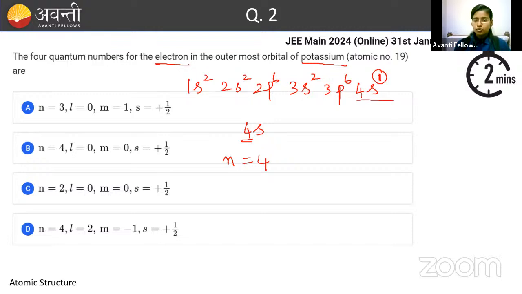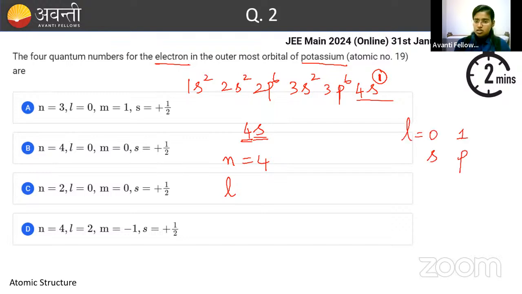Next I have to go for the azimuthal quantum number, which is l. How to find out the l? Just by looking into the orbitals. Since this is an s orbital, l value is equal to 0. In the previous question we discussed that l is equal to 0 for s orbital, 1 for p orbital.